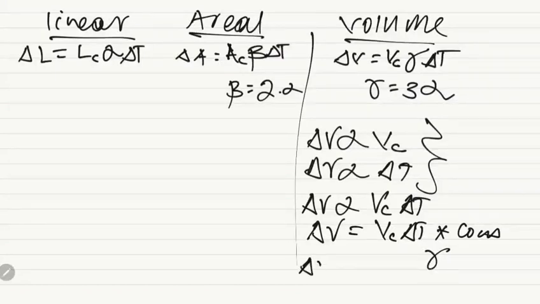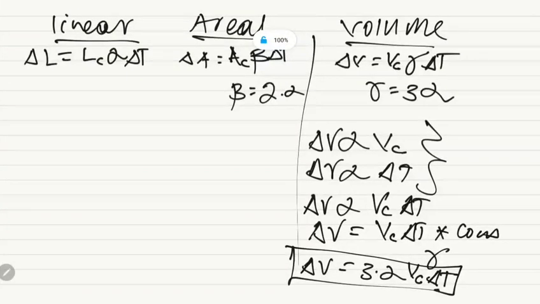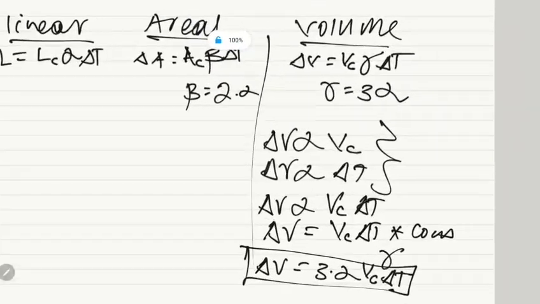So the change in volume is how much? Not a single gamma, but 3 gamma, because it's three-dimensional. You can simply reason it out: 3 times the coefficient of linear expansion times the volume at the colder temperature times the change in temperature. This is the expression for the change in volume due to heating, but it is related to other factors.